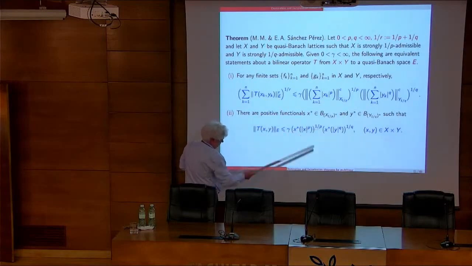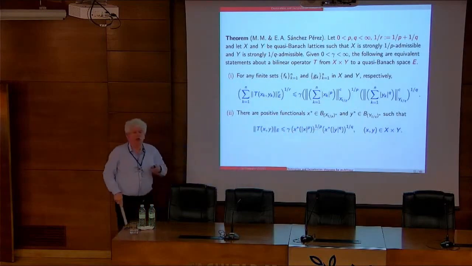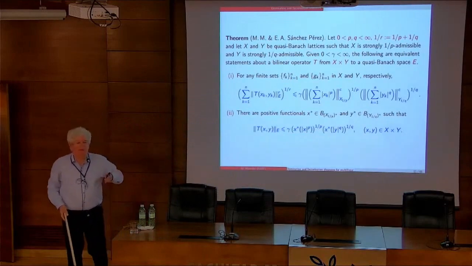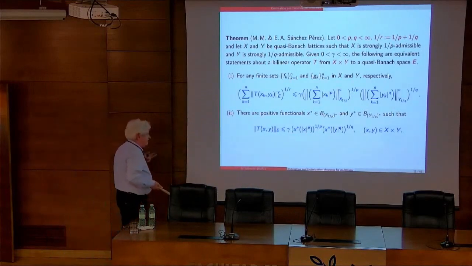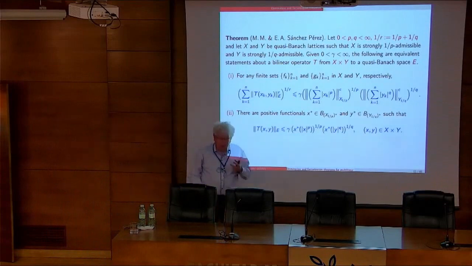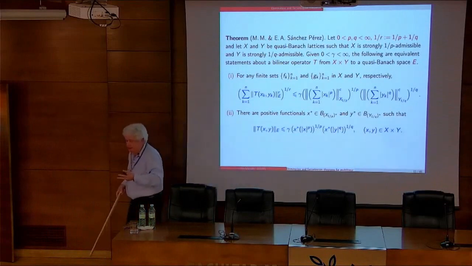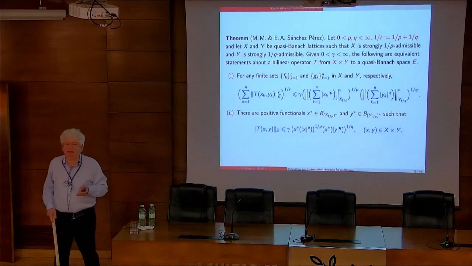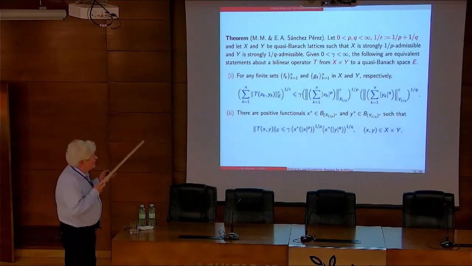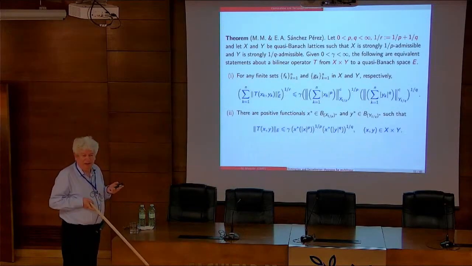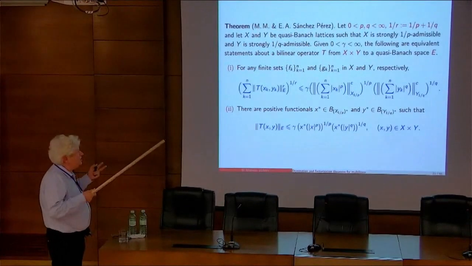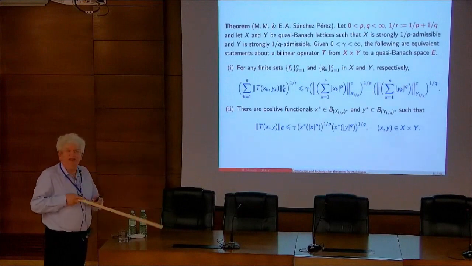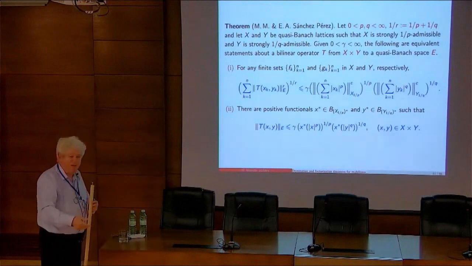So this vector-valued inequality is equivalent to the following inequality using functionals. Usually, in many cases, whenever we have a class of operators and we are able to show that this class satisfies some vector-valued inequality, then in general to verify those inequalities is difficult, but under some conditions it is possible to show that we can simplify the description.